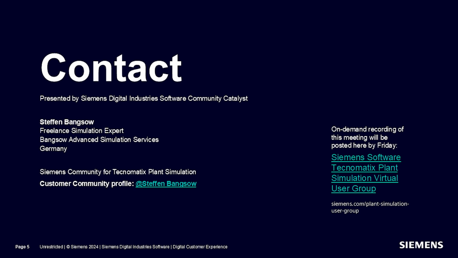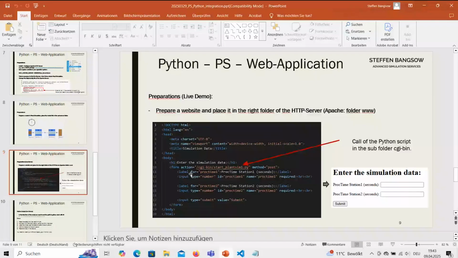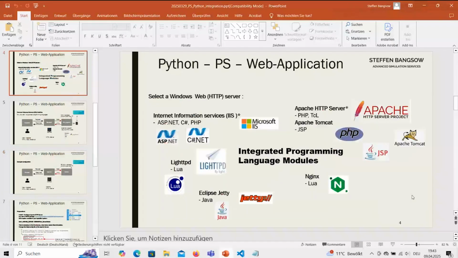There was a question above, I don't know if it got answered, about can we use something other than CGI? Okay, I go back to my presentation. Yes, you can. If you don't want to use CGI, then we need to use one of these programming languages. I have another webinar prepared for PHP. It works very well together with the Internet Information Services, but C#, for instance, is much faster than PHP.